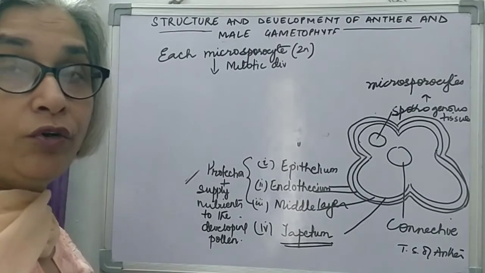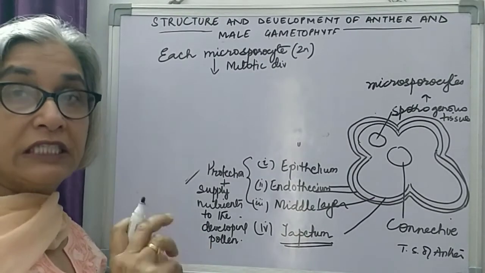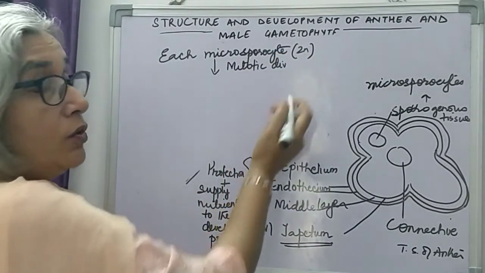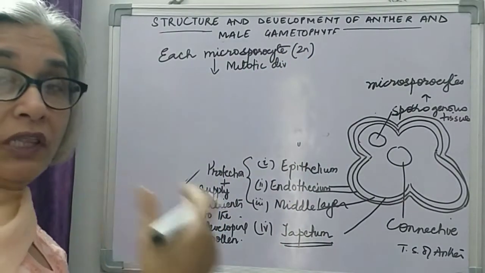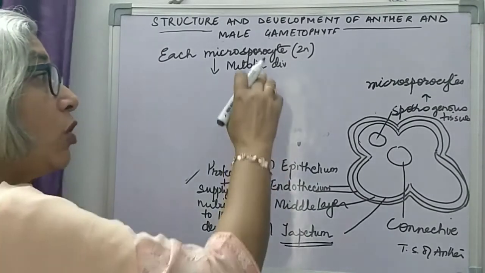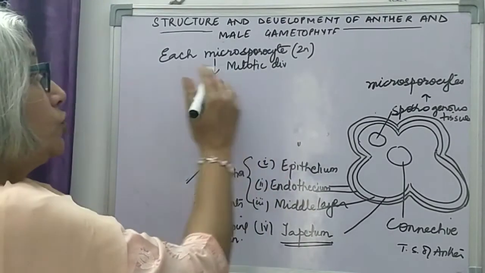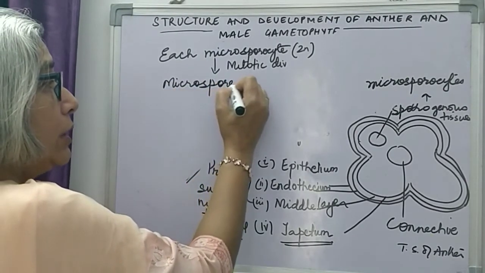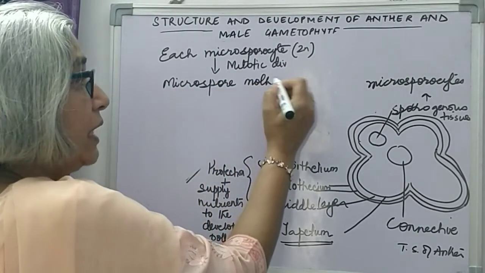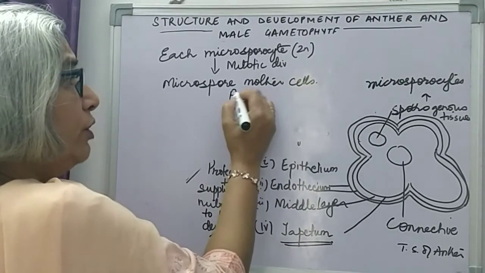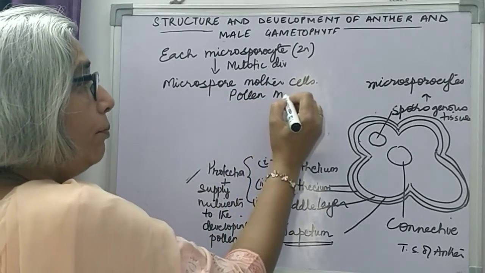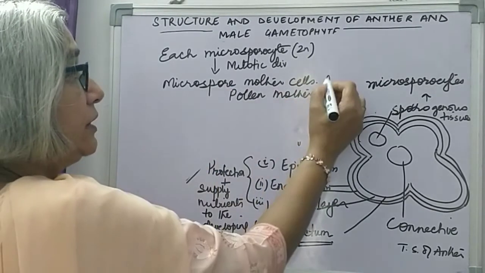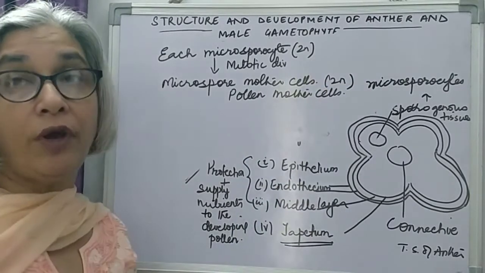It is a part of the male part of the flower, the anther, and it is diploid. When it undergoes mitotic divisions, all the cells that are going to be formed will also be diploid. So, a lot of cells are formed, and these cells are called the microspore mother cells, or we also call them pollen mother cells. Now, these cells are also diploid.